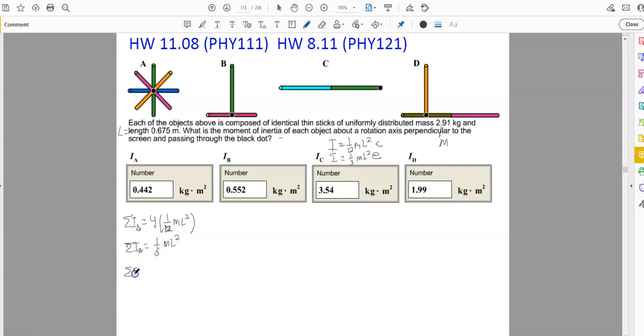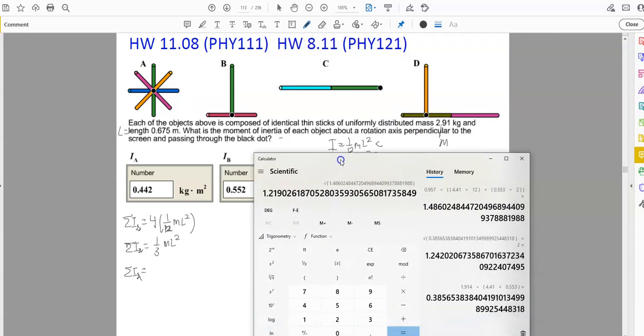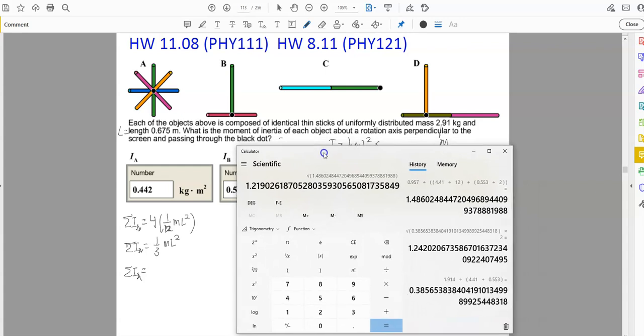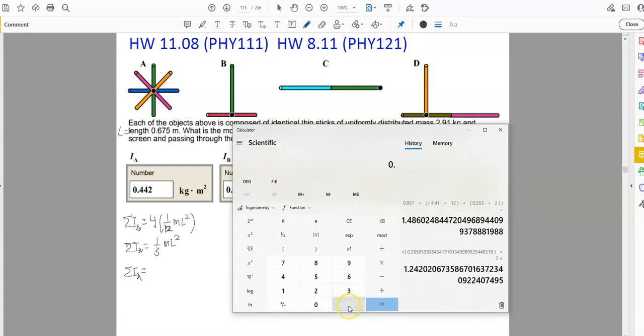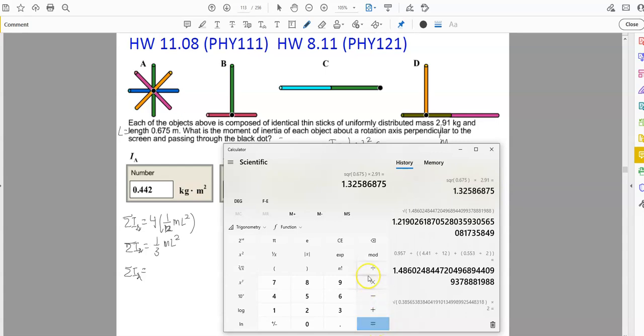Let's put in some numbers to find the total moment of inertia at A. The length is 0.675 squared, times the mass, which is 2.91 kilograms, divided by 3.